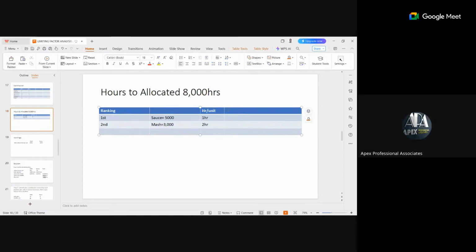Since we are to produce source first, how many hours do we need to produce 5,000 units of source? 5,000 hours.